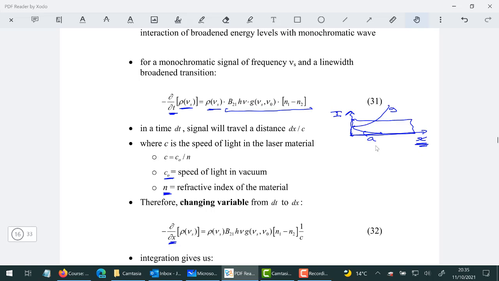position within the laser. So remember that for our light ray, dx by dt is equal to c naught over n.